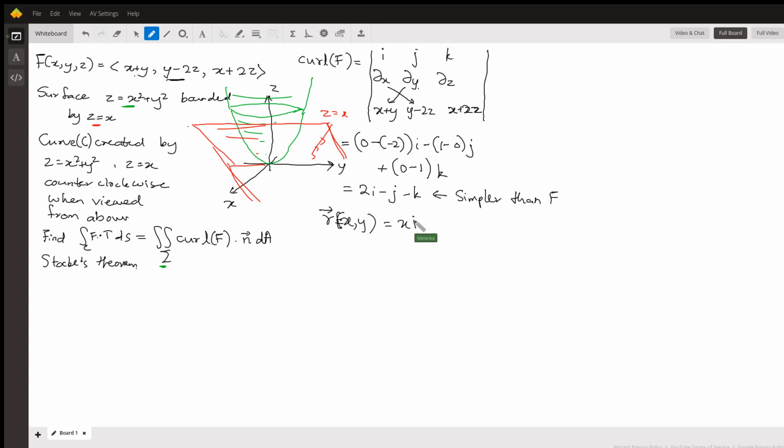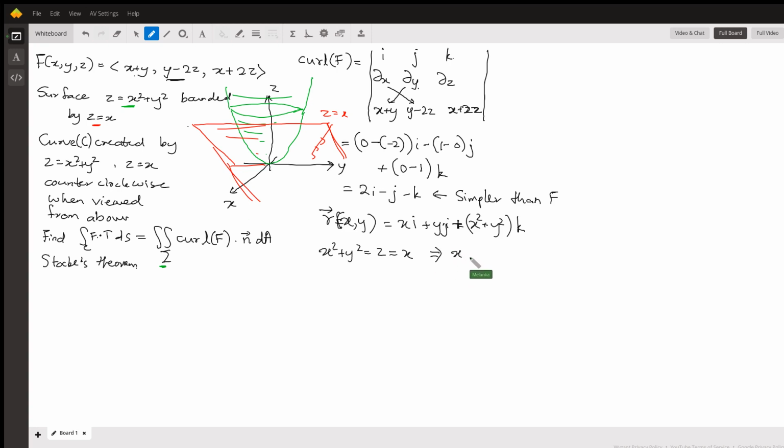So this is going to be x i, plus y j, and the z component, as you see here, is given by x squared plus y squared k. But this x squared, y squared cannot vary everywhere. So it's bounded by z equals x squared plus y squared and z equals x. If you work out this algebra, you will get that.